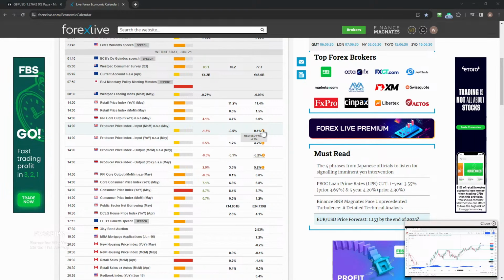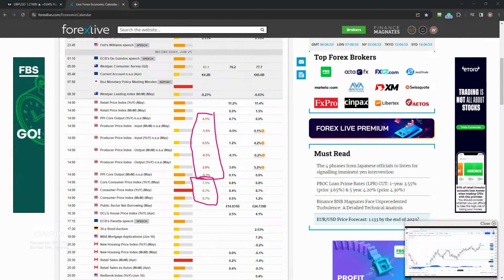Previous was minus 0.3. Previous was 3.9. 5.4 dropped to 5.2. This is an increase. This is a drop. This is an increase. This is an increase. So there is a mixture of news here, negative and positive. We shall see how the market reacts to it.